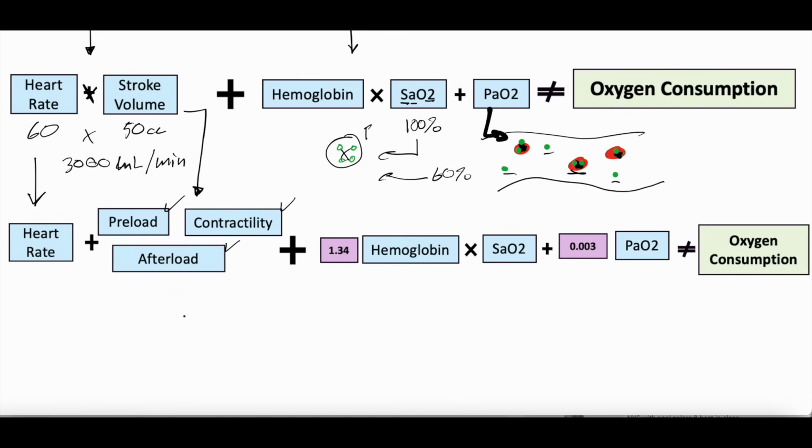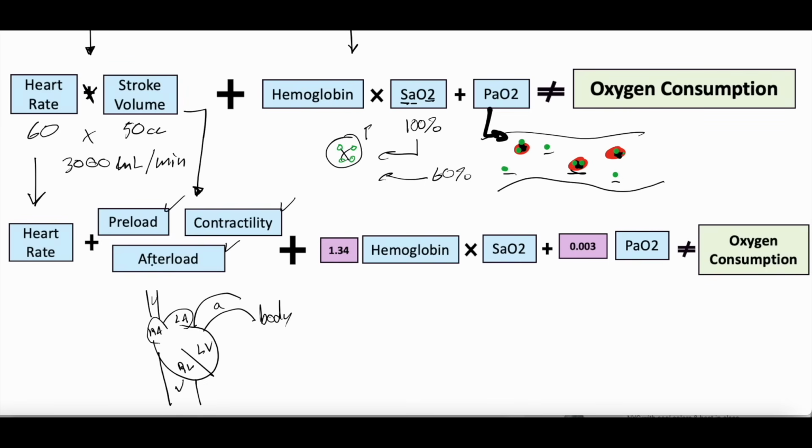Well, to do that, we're going to draw a heart. Let's see if I can draw a heart. There's the atria, there's the ventricles. So we have the right ventricle, the left ventricle, the right atrium, the left atrium. We know that veins dump venous blood onto the right side of the heart. So this is a vein, and then we know that the left side of the heart pumps blood out to the lungs and the rest of the body through arteries.